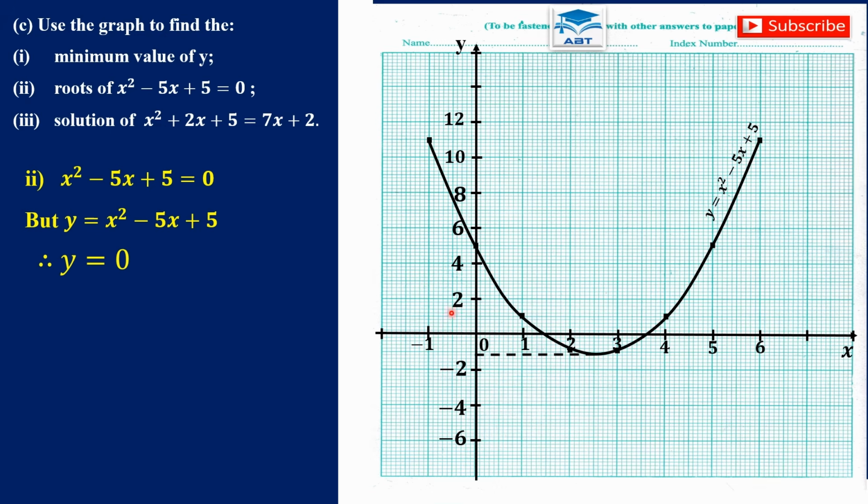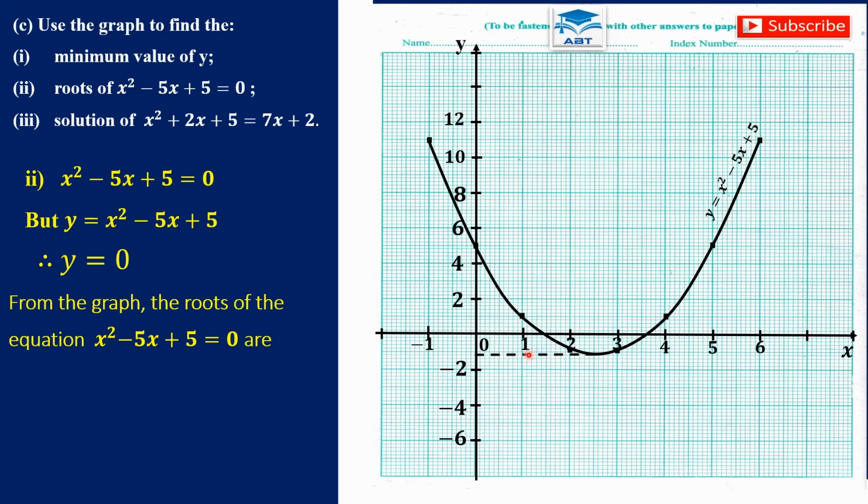And so where the x-axis or the line y is equal to 0 cuts the curve, those points are the roots of the equation. So from the graph, the roots of the equation are, so here we have each big box is equal to 1. When we divide by 10, we have 0.1.